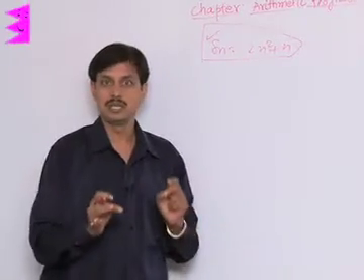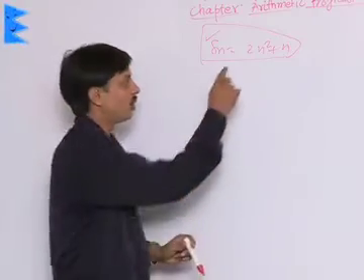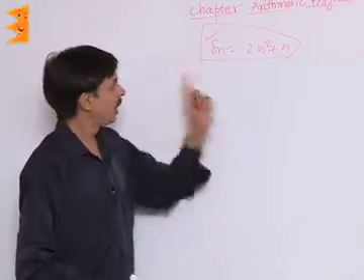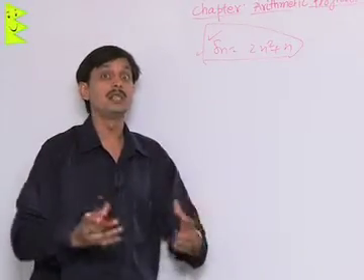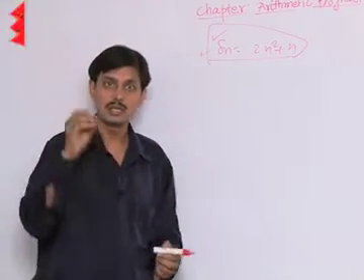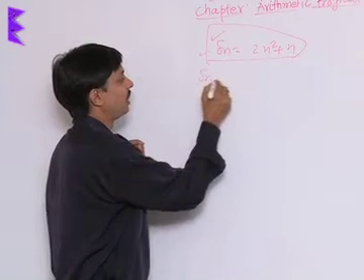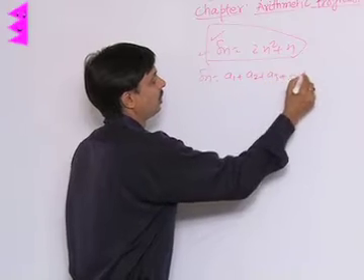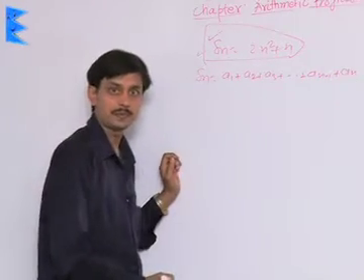So the first answer is yes. It is possible that the sum of n terms of some progression is given by this relation. If I ask you, if Sn is this, what is its an? An means the general term. We know that Sn means the first terms a1, a2, a3 up to an minus 1 and the last term an.